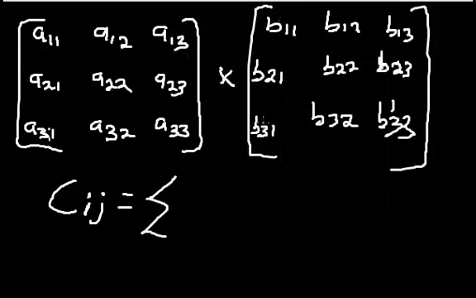The first row will multiply the first column, second column, third column, from r equals 1 up to r equals k, multiplying row against column.